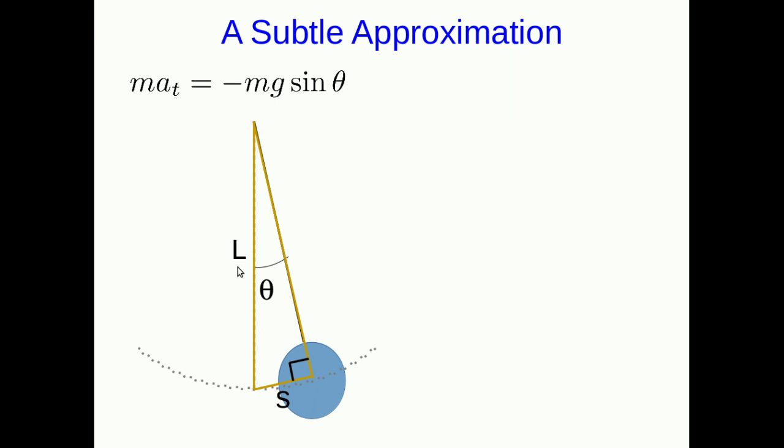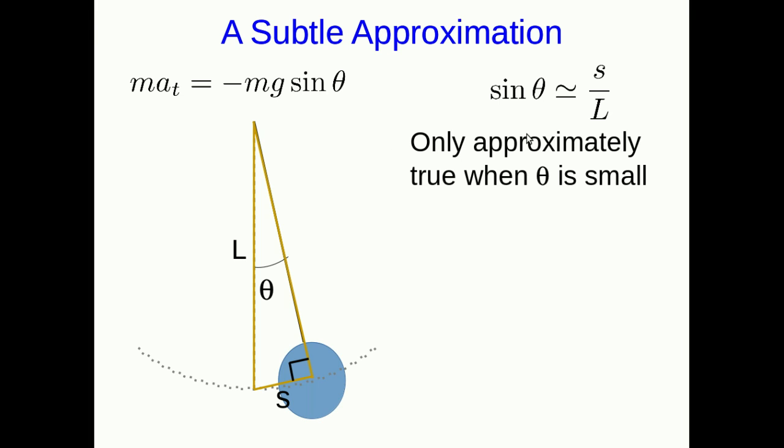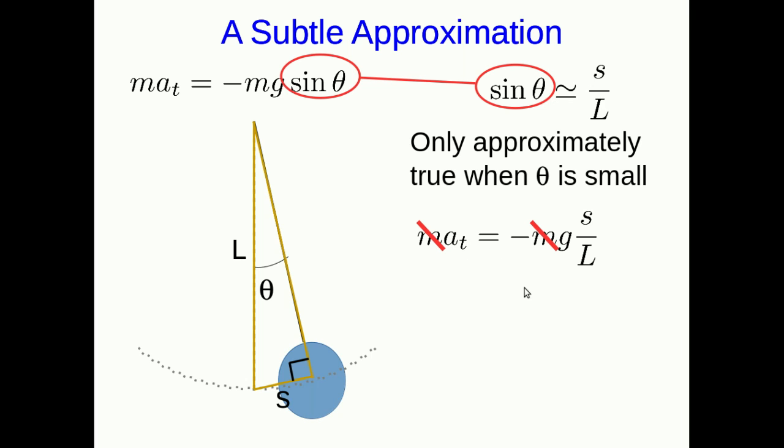And so that's why I made a right angle triangle, because we can now say that sine theta is about the opposite over the hypotenuse. So s over L is about sine theta. And that's only going to be true, and only approximately true, when theta is small. So here's the subtle approximation. And now that's handy because we can now replace the sine theta in here with s over L. And so there we go, and the masses go away, and I'm just going to rearrange this a little bit so that it looks like this.